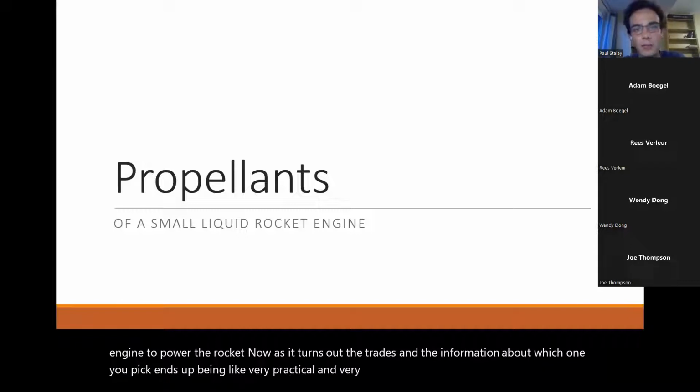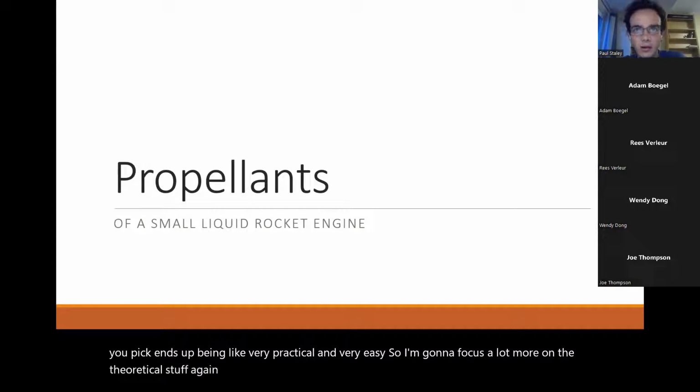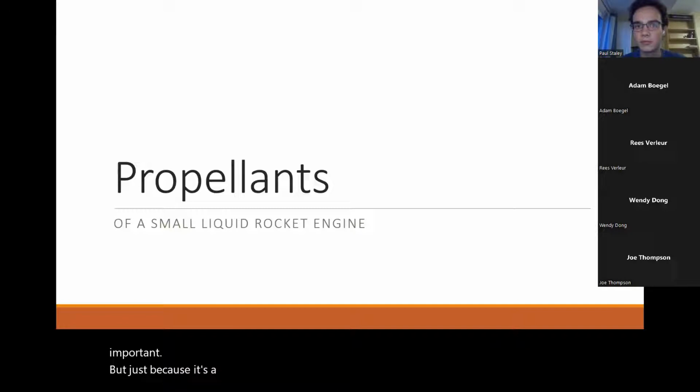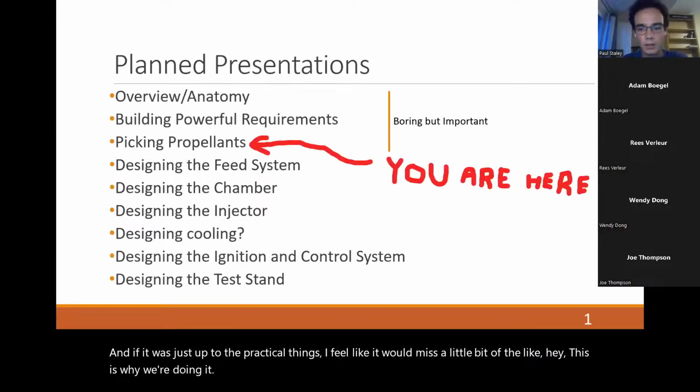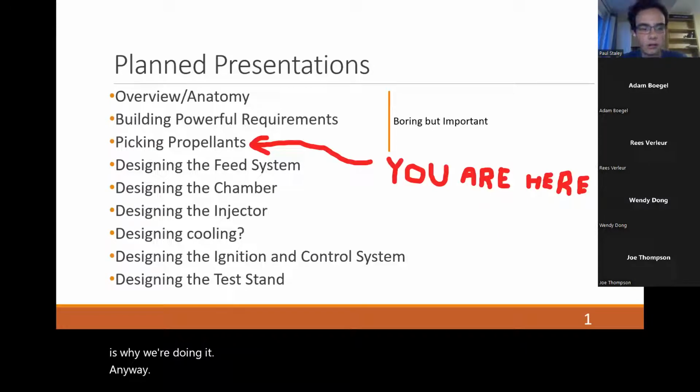So I'm going to focus a lot more on the theoretical stuff again here. That's not because the theoretical stuff is critically important, but just because it's a really core piece of how a rocket functions. It's probably good to know. And if it was just up to the practical things, I feel like it would miss a little bit of the "hey, this is why we're doing it." Anyway, let's get started.